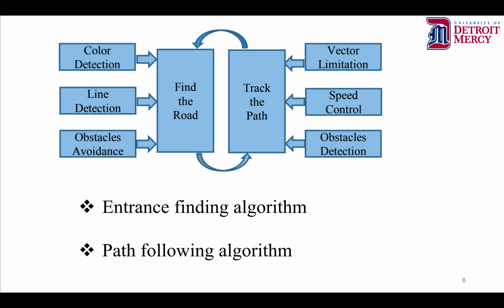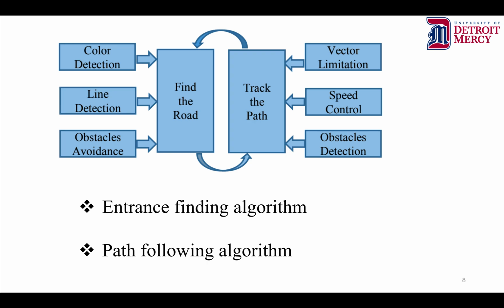So we have to do the vector limitation, because we have to see the two yellow lines on our road. If the robot is too close or too far from the line, the camera may not see the line, so our robot will lose the road.